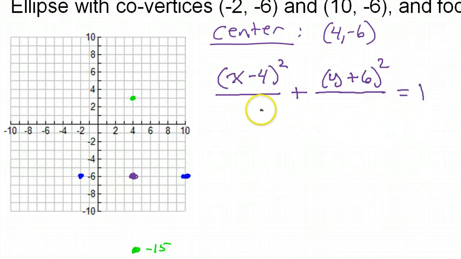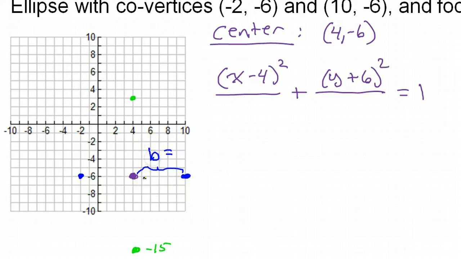Now, for ellipses, the co-vertices are like our b value. It's horizontal, so that's going to be the x. What I'm trying to tell you is I'm looking at the b value right here.